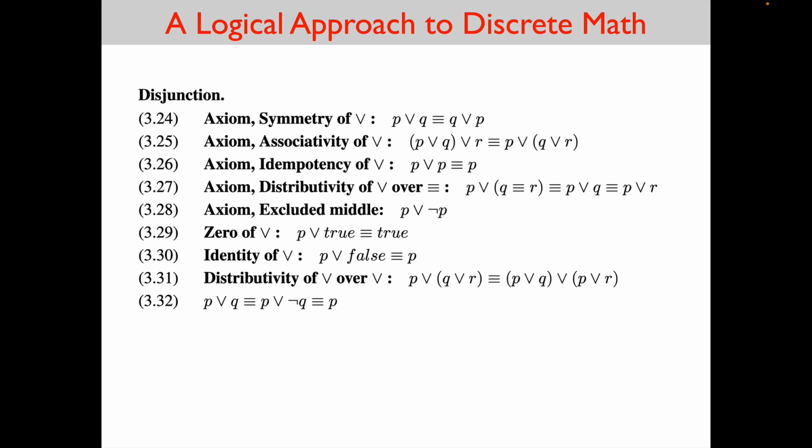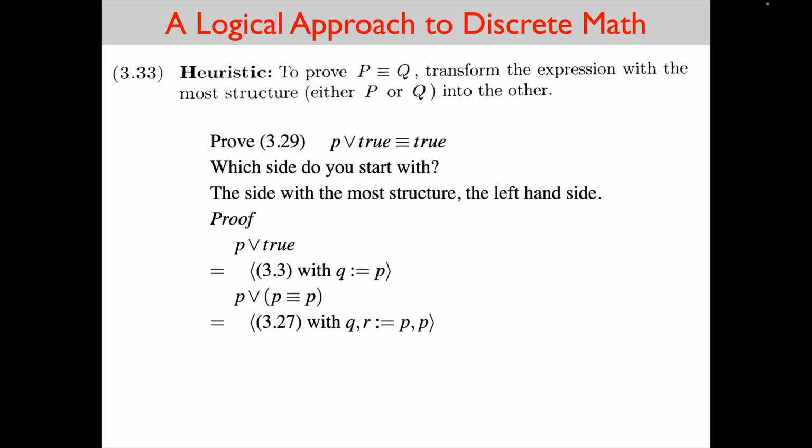And you see it's P or (Q equivals R) equivals P or Q equivals P or R. And if everywhere there's a Q, you replace it with P, and everywhere there is an R, you also replace that with P, what do we have? We have P or (P equivals P) equivals P or P equivals P or P. So let's go back. So in place of P or (P equals P), what do we have? P or P equals P or P.